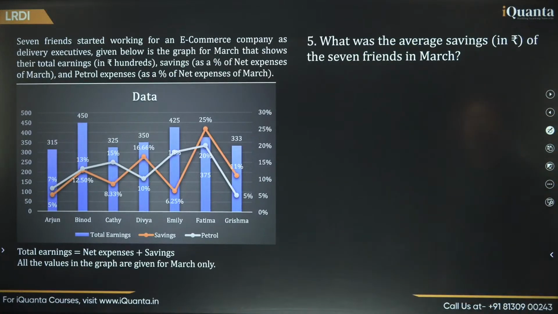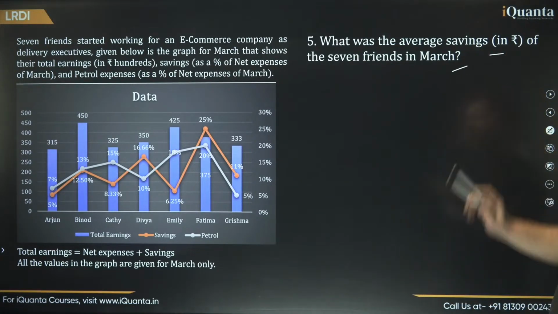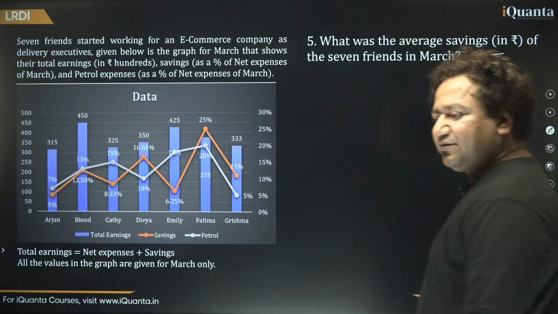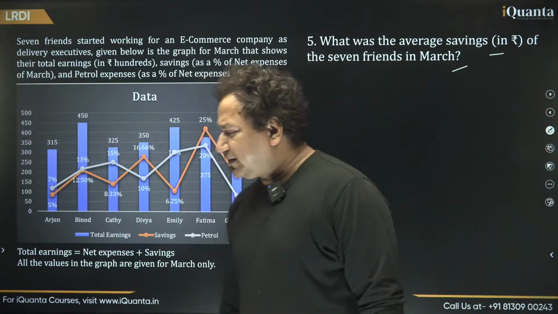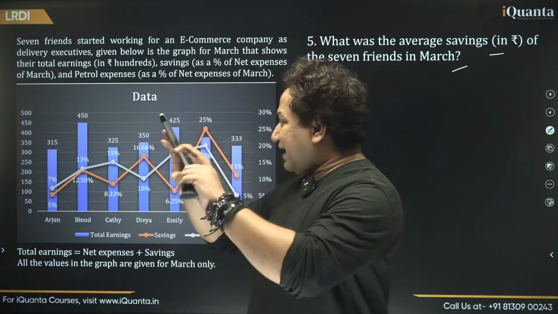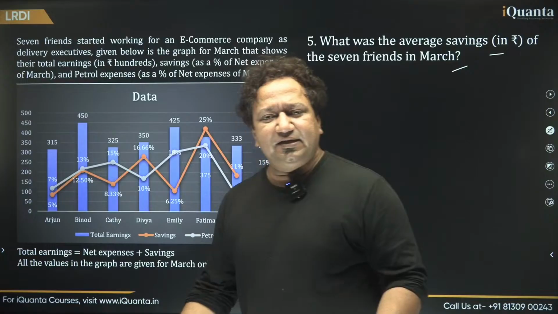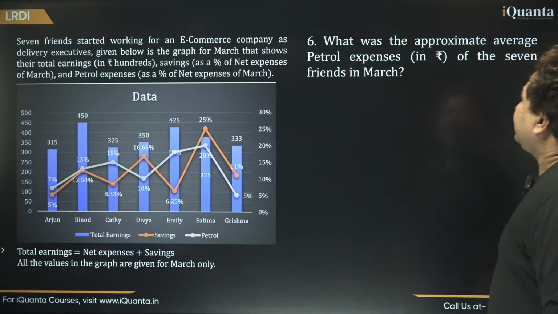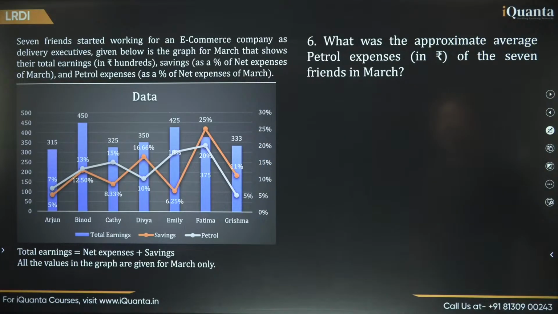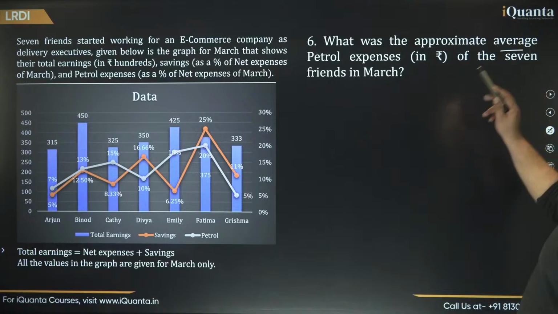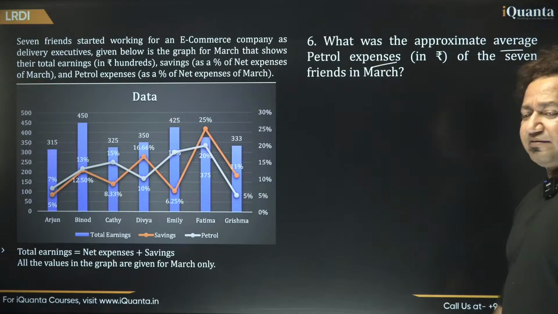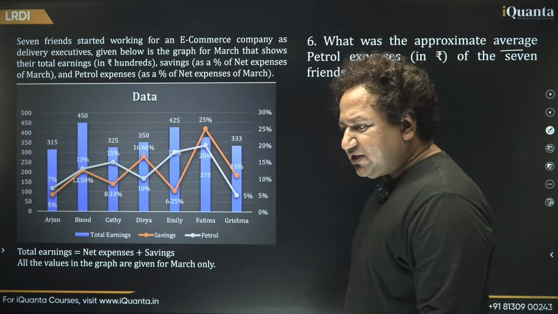The questions talk about the average savings. So if I want to find average savings, that means I have to find the savings for all the people, right? And then divide. I'll add all the savings, divide by 7, because 7 is the number of people here. Then we have the question, the approximate average of petrol expenses. Again, it's average. That means we have to find individual petrol expenses for all the people. Tell me yes or no in the comments.